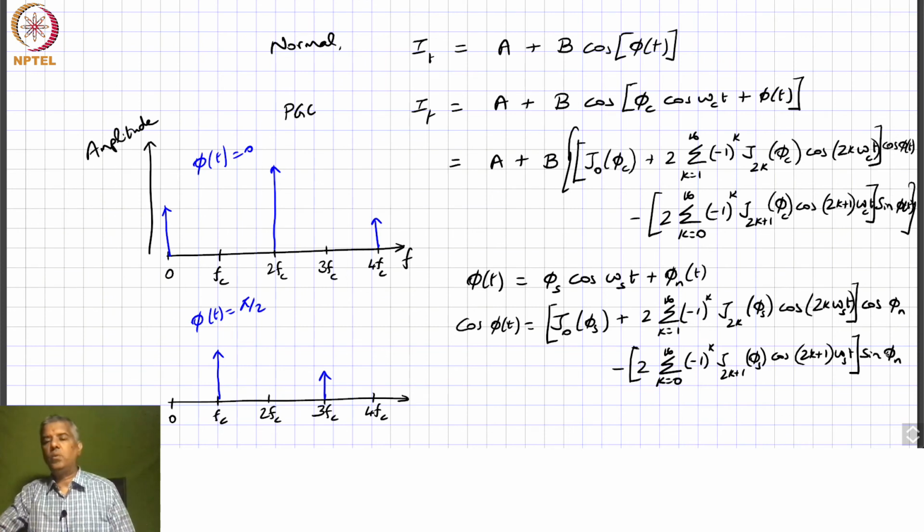So, it does not matter what phi n is. Either these terms are going to be dominant or those terms are going to be dominant. If you are looking at the ratio of those terms, now you can actually pick this up, and essentially this is around cos phi t.